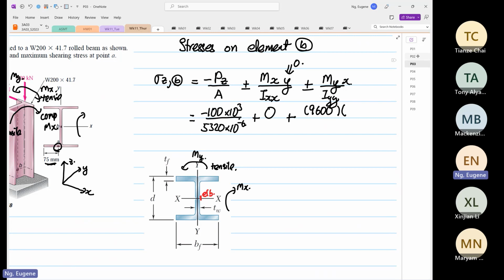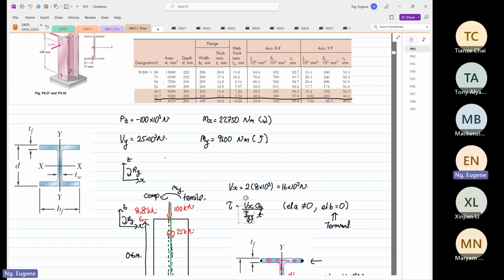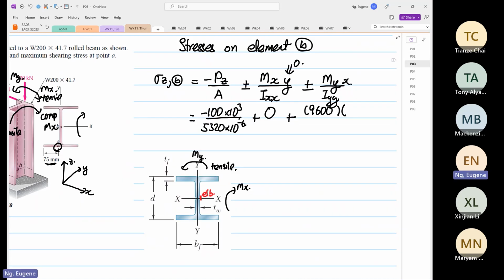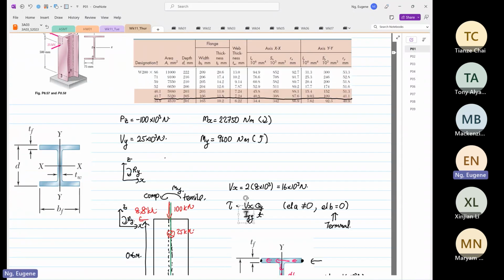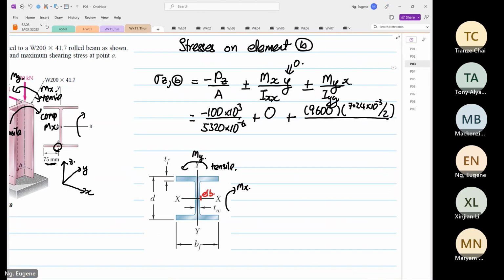The thickness of the web is 7.24 times 10 to the power minus 3, divided by 2, right? And then we have to divide by Iyy. So Iyy is equal to 9.03 times 10 to the power minus 6.